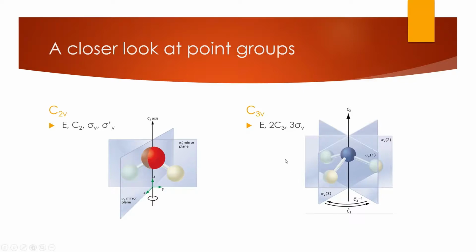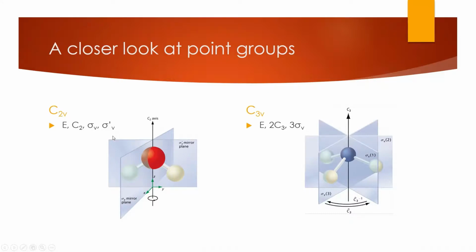Now, if I do a rotation operation on this molecule, I have converted all of my mirror planes into different ones. So if I rotate this molecule by 120 degrees, my sigma v2 here has become my sigma v3 upon that 120 degree rotation.